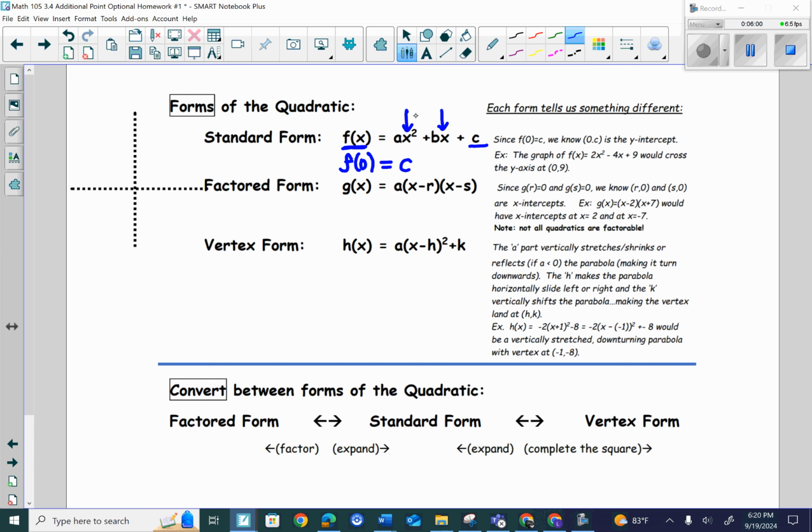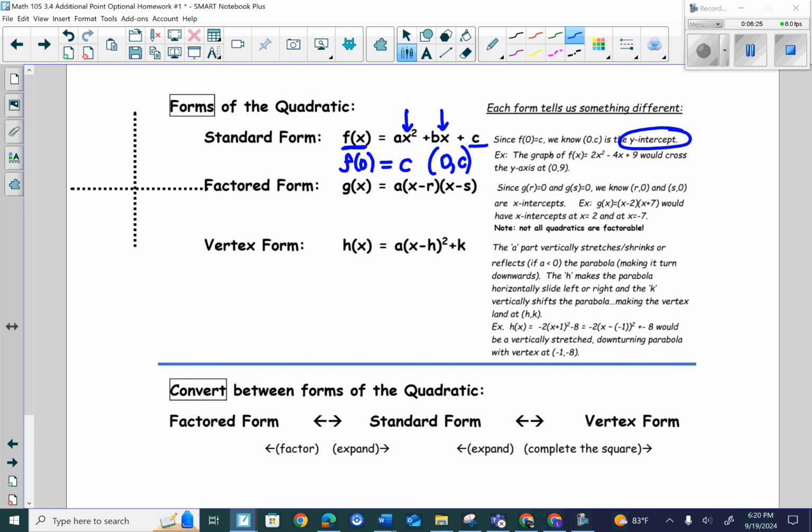We'll get a times 0 squared plus b times 0 equals c. So we know that 0, being the input, has an output of c, and so the standard form would always provide us with the y-intercept. It's nice. Just look at it and know that. But it's nice to know why, not just memorize that c is the y-intercept.